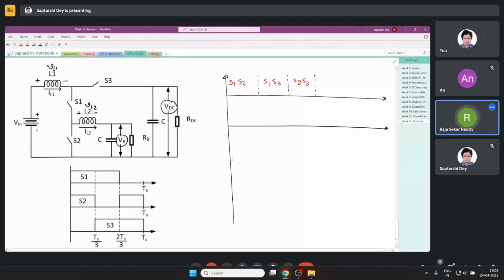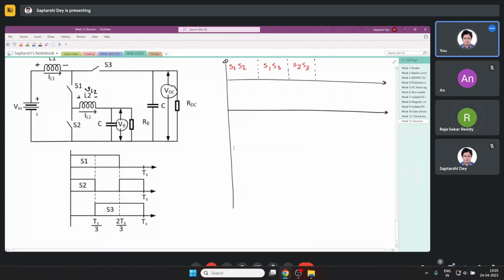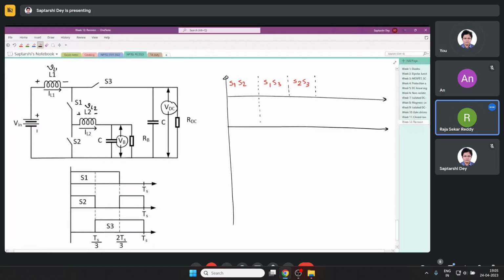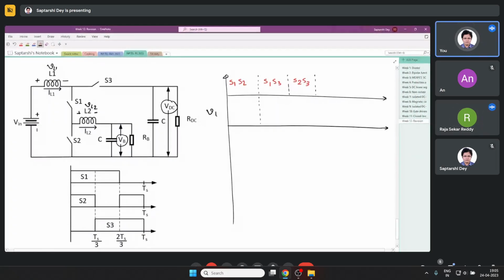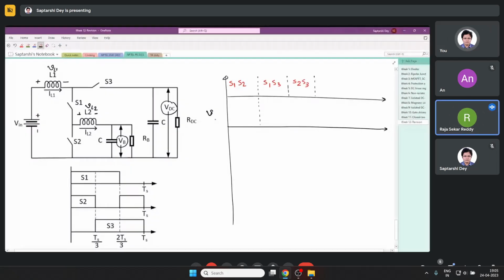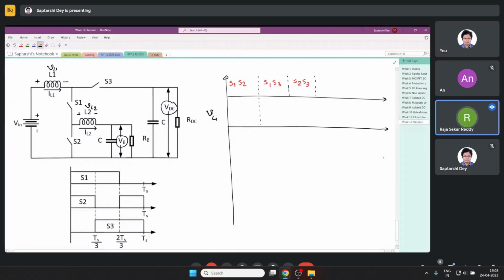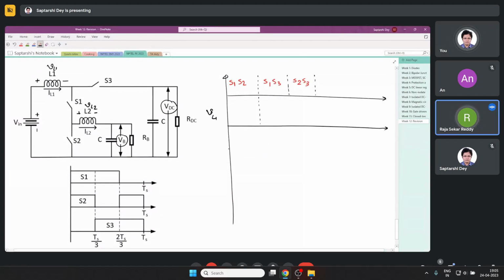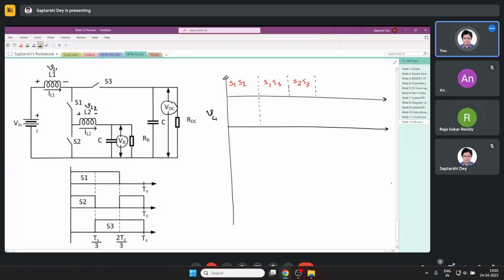Now let us come to the first 1/3 of the time. We will draw VL1 and we will draw VL2. Since the integral will be negative also, I will give some more space.